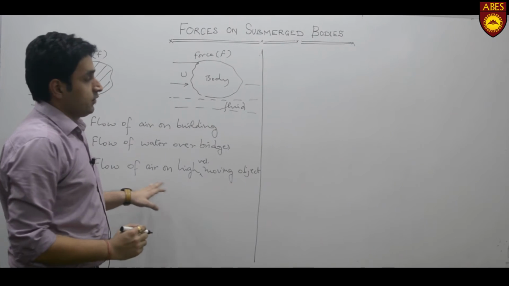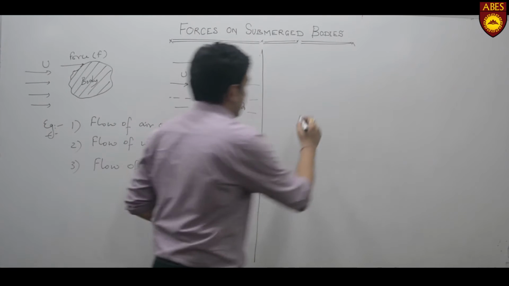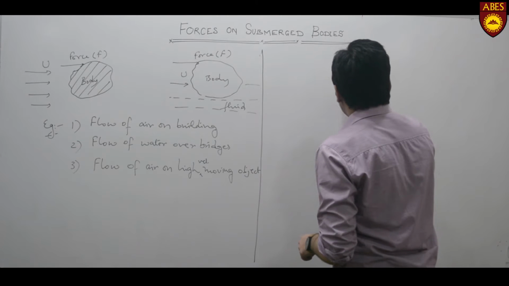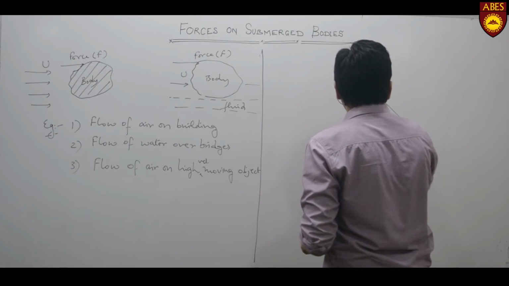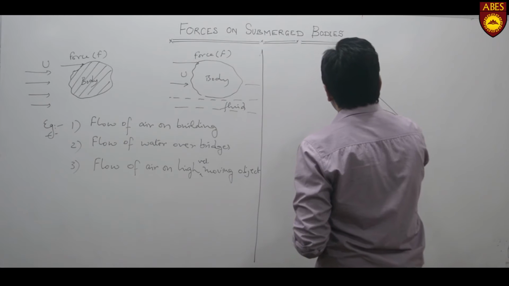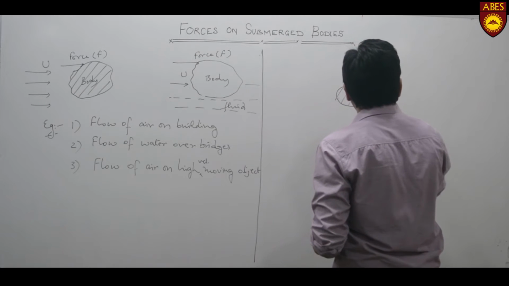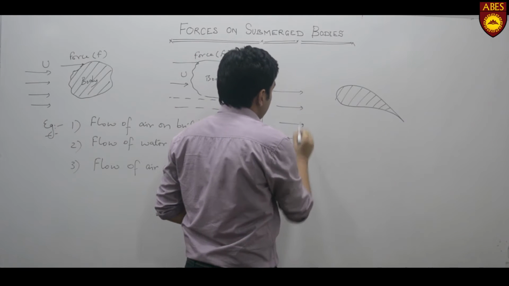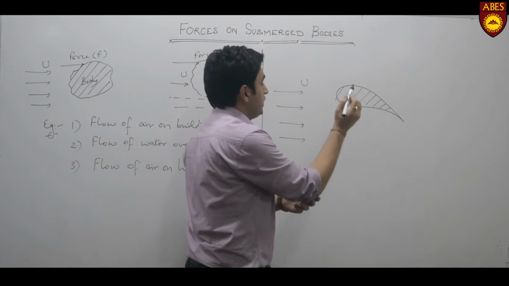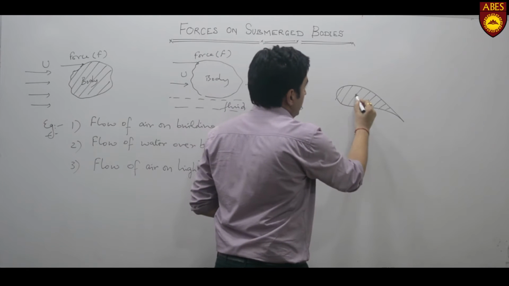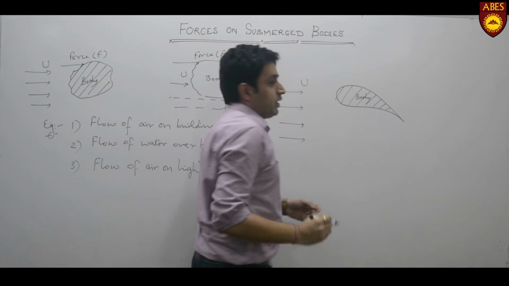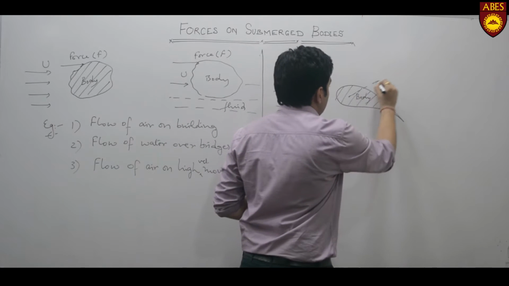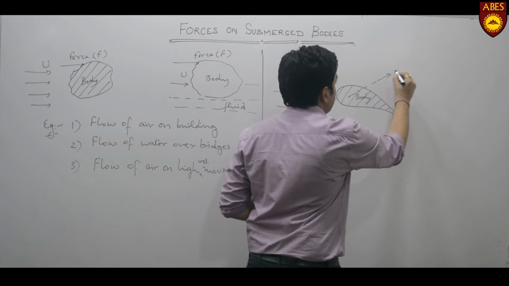Now, what are the forces which are acting on the submerged body? First of all, have a look. Suppose there is some symmetrical body of airfoil shape in this way, and this body is experiencing a fluid which is coming with a free stream velocity capital U. This body, which is in the path of the fluid, has some particular force acting normal to the surface of the body.